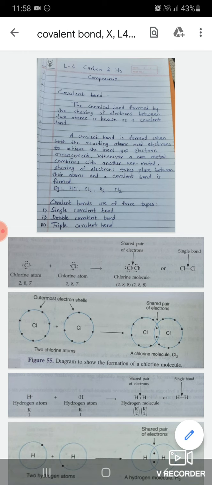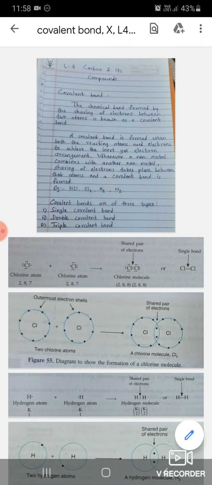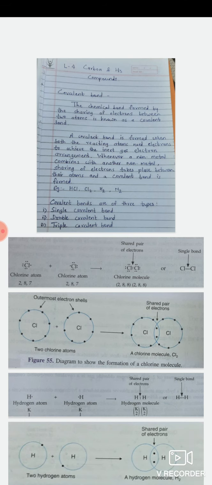See this figure, chlorine has 7 electrons in the outermost shell. In the second diagram, you can see that only the outermost electrons are shared, they take part in the reaction.